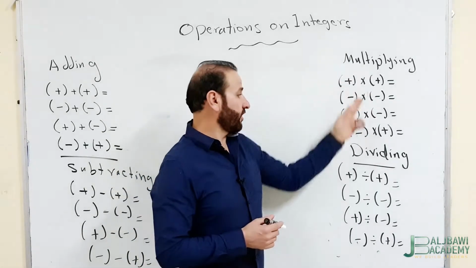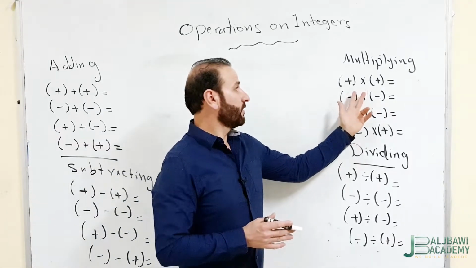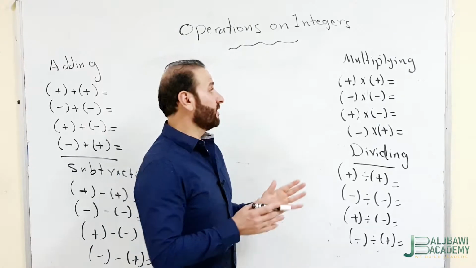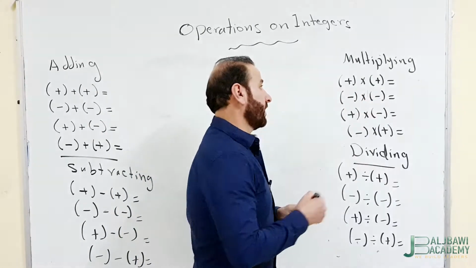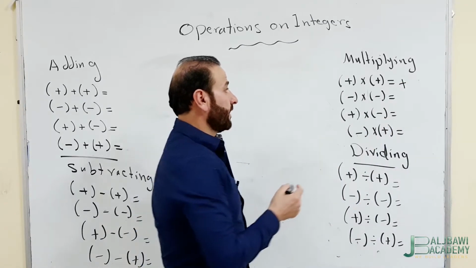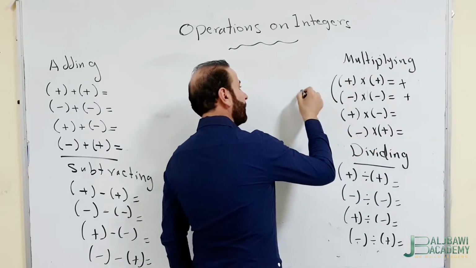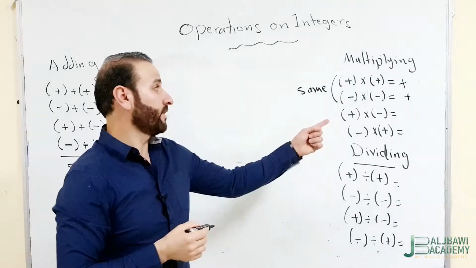Here, in multiplication and division, we have the same rules. If you multiply two integers, what do I mean by integers? Integers mean the signed numbers. So if you multiply positive by positive, the answer will be positive. And negative by negative, the answer is positive. So we can say if they are the same sign, then it will be positive.